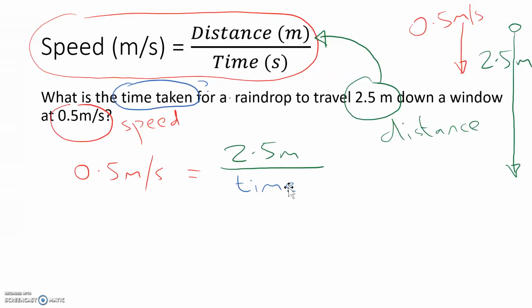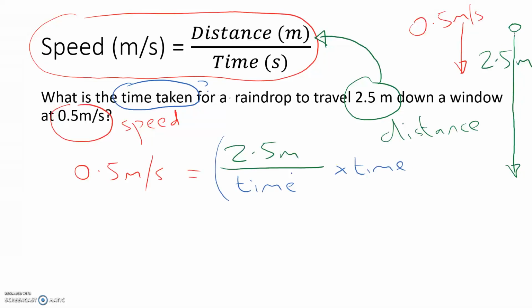Now the tricky part comes. We need to do some rearranging so that we make time the subject of our formula. We need to rearrange for t, or rearrange for time. So I don't like the fact that time's on the bottom of this fraction, time's the denominator. So as we've got divided by time, I'm going to try and multiply this side by time.